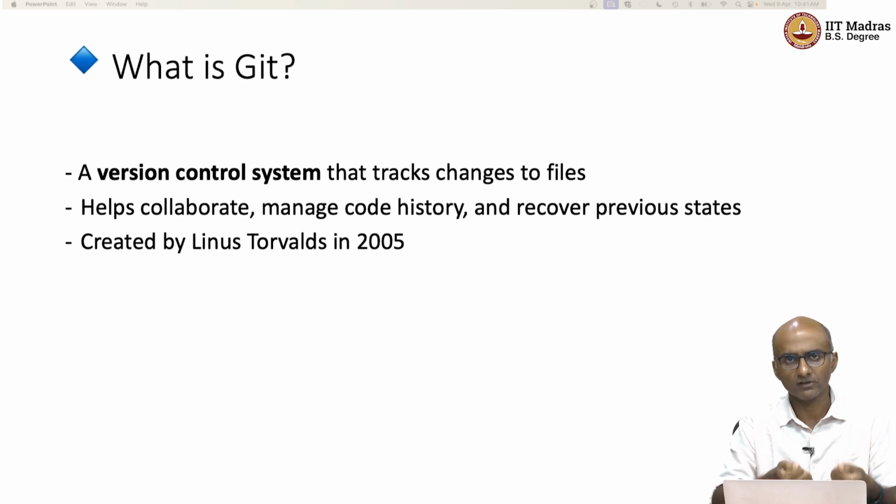A code repository comprises various aspects of what typically constitutes a software project, including, of course, the code itself, be it in any language, but also the configuration files like YAML files, compilation files like make files, as well as testing files.